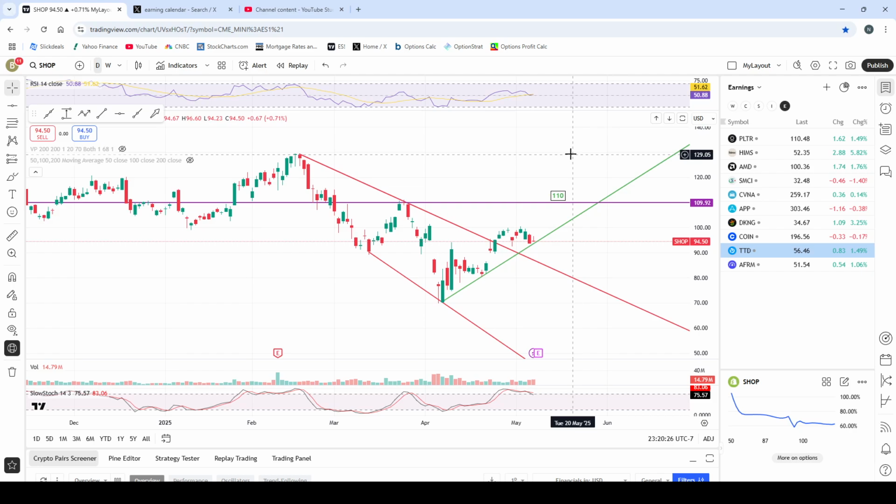And the next level will be here at 129, but we're going to worry about that later. Now, what about if it got bad earning? Where does it go? Remember, I said it's going to go back around 87. So we look backward, right? And you can see 87 is where there's a lot of candles that cross that area.